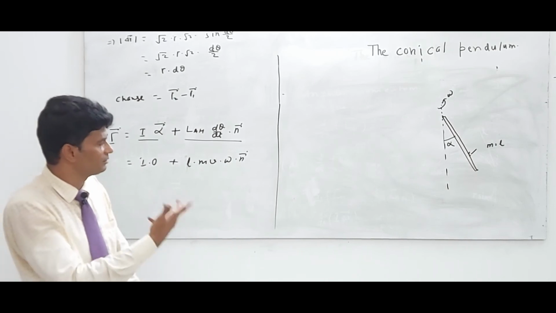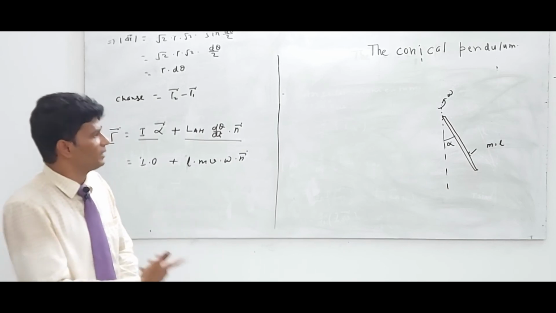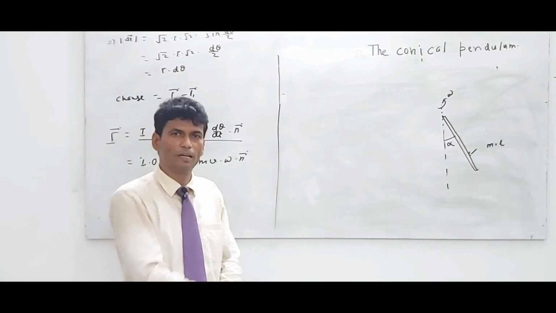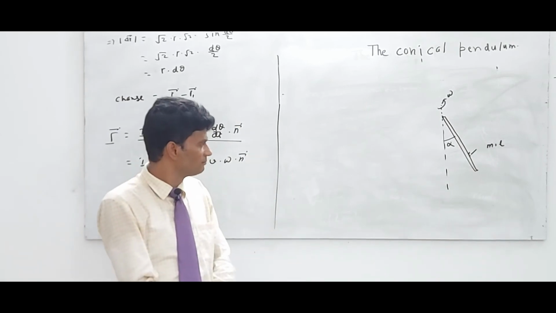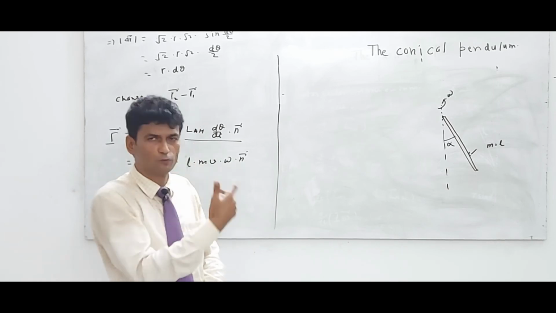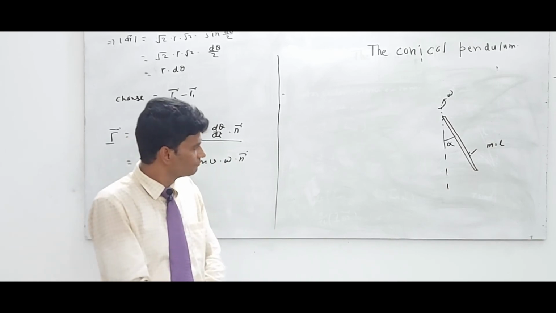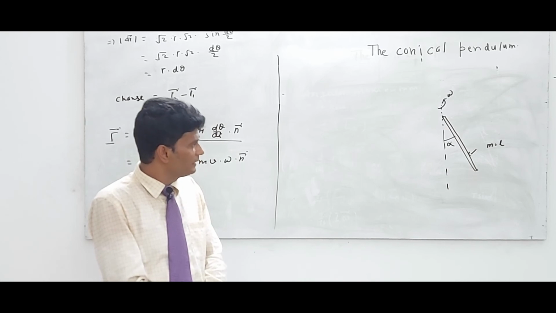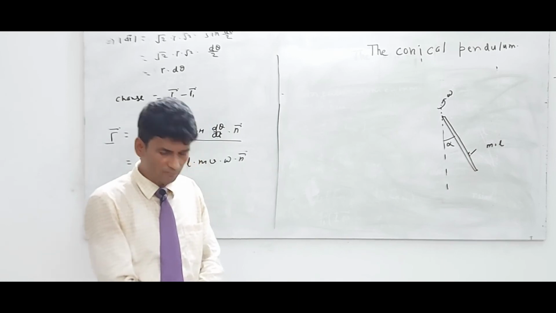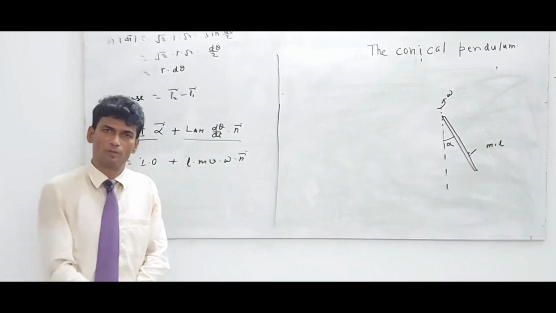We have to find the omega, time period, balancing the vertical forces. You may try also from the ground frame, but you will not find any independent relation by which this angle alpha comes out.